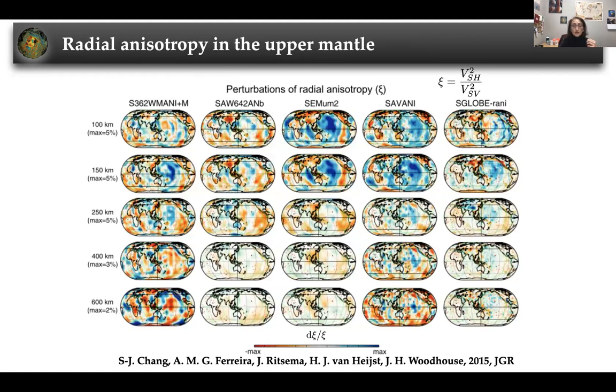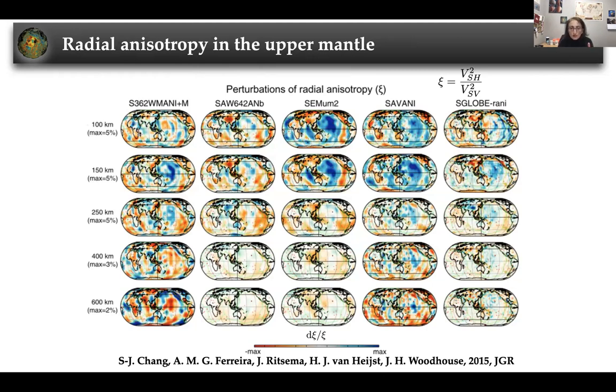And here I would like to show this comparison from Chang et al.'s paper. You see different mantle models from different groups showing the upper mantle radial anisotropy. I'm not going to go into details of this figure. What I would like to highlight is that if you look at the upper mantle anisotropy from 100 kilometers down to 600 kilometers from different groups, you see significant differences.